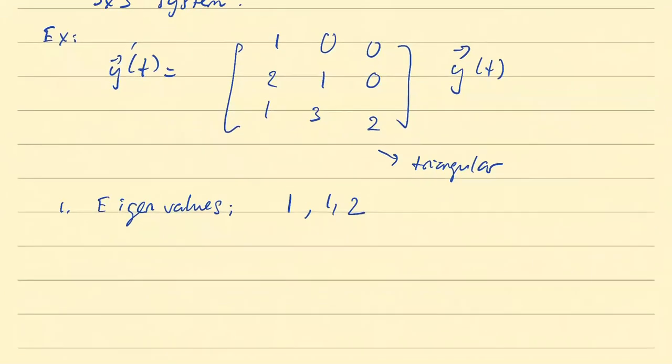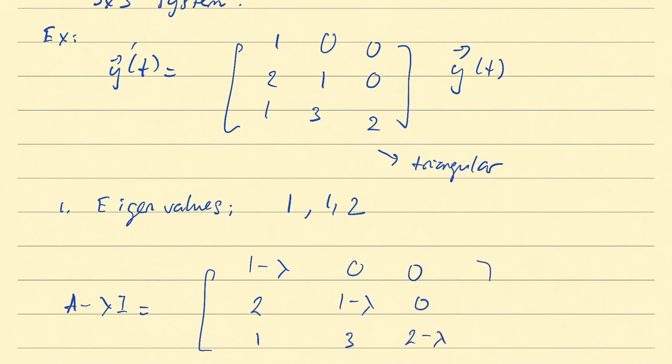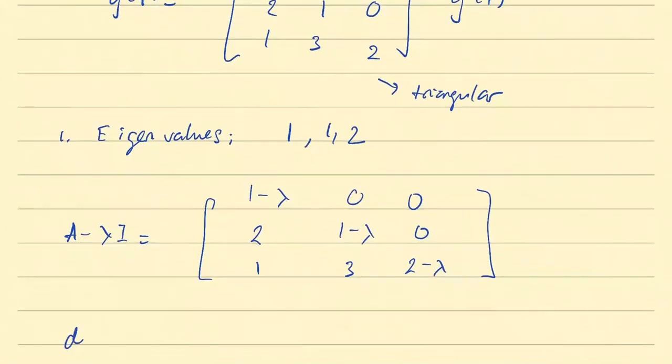The reason is, what is A minus lambda I? It is 1 minus lambda, 0, 0; 2, 1 minus lambda, 0; 1, 3, 2 minus lambda. And how do you find the determinant of a 3 by 3 or higher? You do that by expanding along a row or along a column.